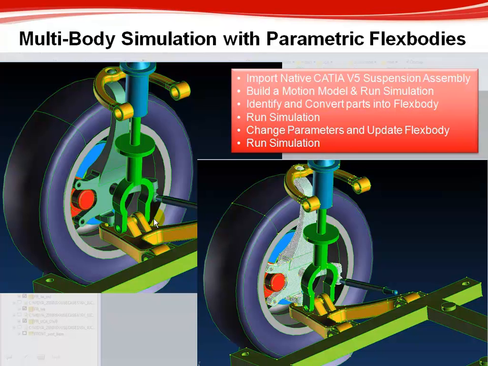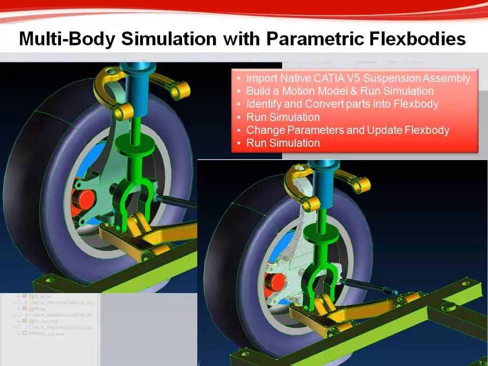Another example is this one of a suspension, and here I'm describing the scenario where I've imported a native V5 suspension assembly. Then I first built a motion model and performed a simulation. I converted one of the knuckles into a flex body here, and then ran a simulation.